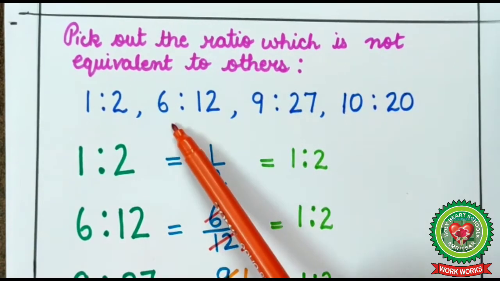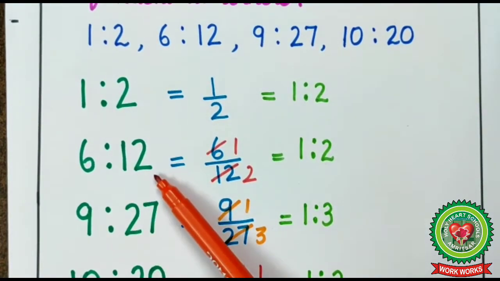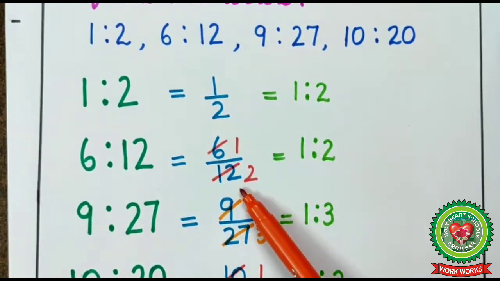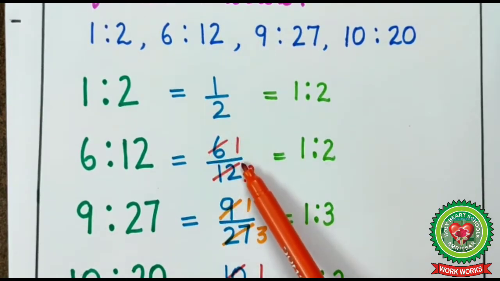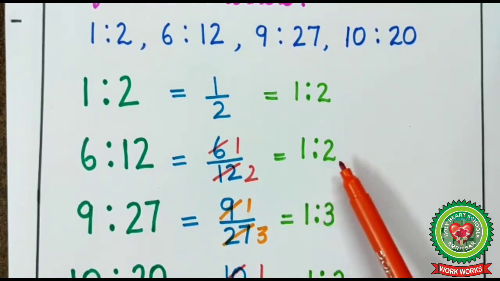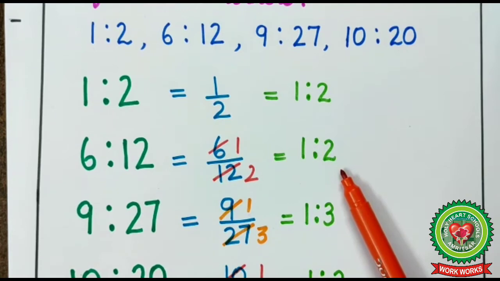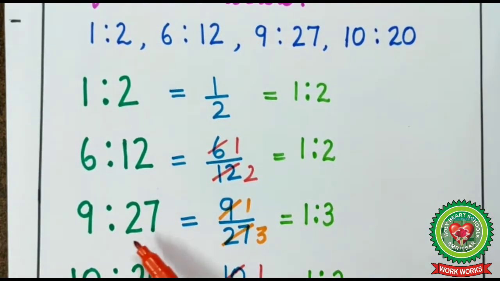What is the next ratio? 6:12. So 6:12 can be expressed as 6/12. Now do cutting. 6 1s are 6, 6 2s are 12. In simplest form it comes 1:2. Now the next ratio is 9:27.